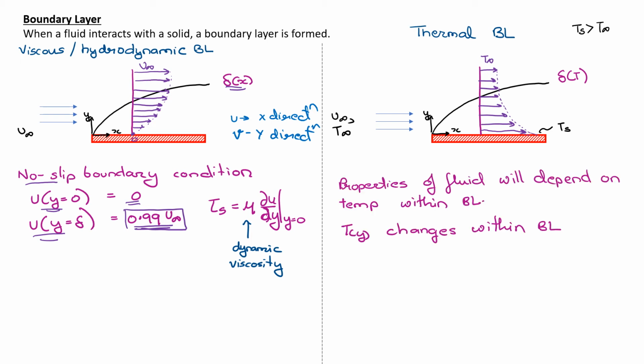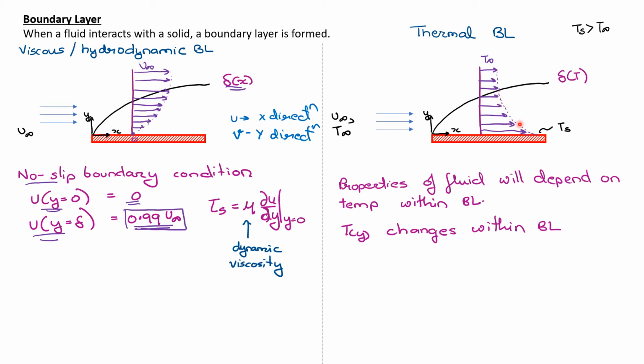The properties of the fluid within the boundary layer are dependent on the temperature. The temperature here is varying, so the properties here will change. Your diffusivity, your heat transfer coefficient, or your thermal expansion coefficients will be different because they are dependent on temperature.